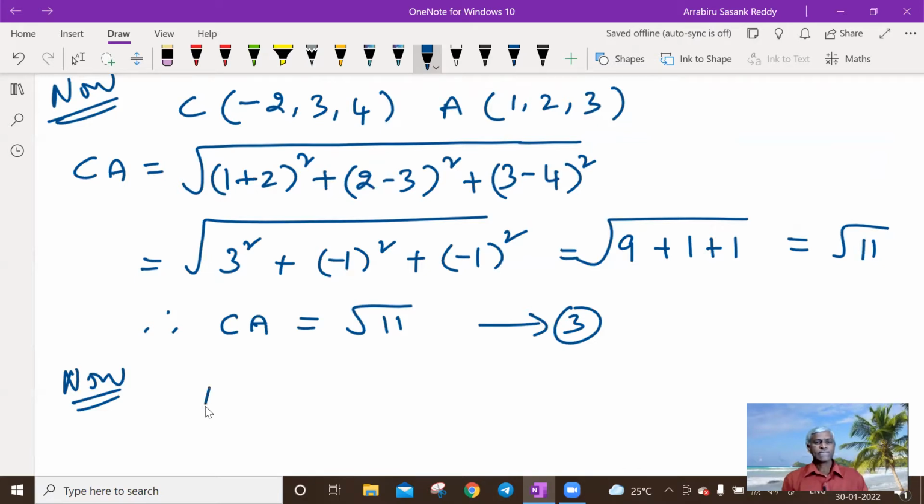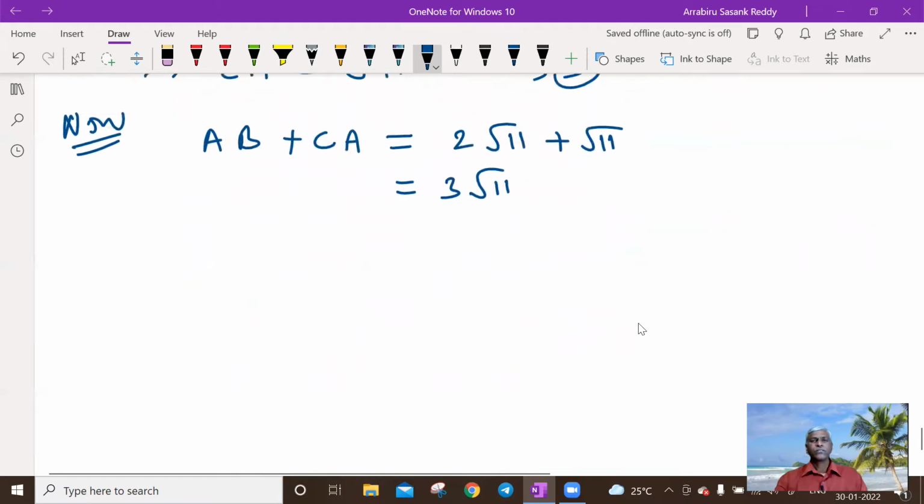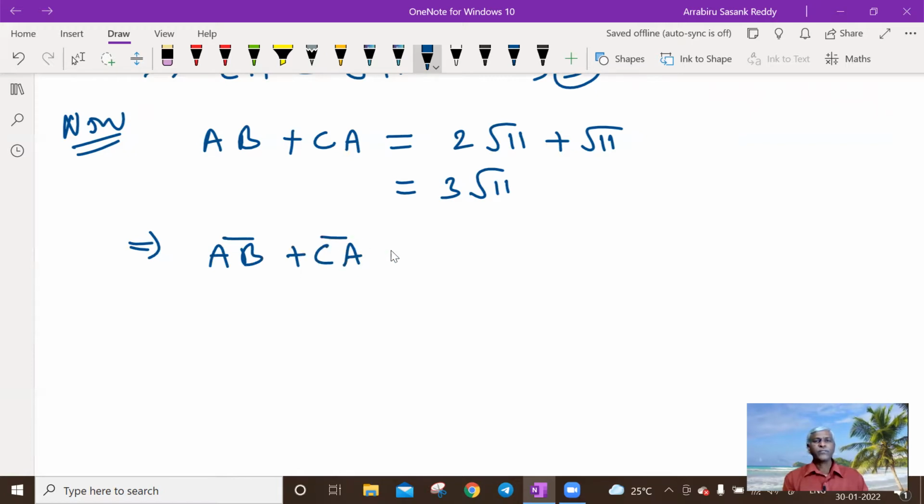We observe AB plus CA is equal to 2 root 11 plus root 11, that is equal to 3 root 11. So AB plus CA is equal to 3 root 11, which is BC.